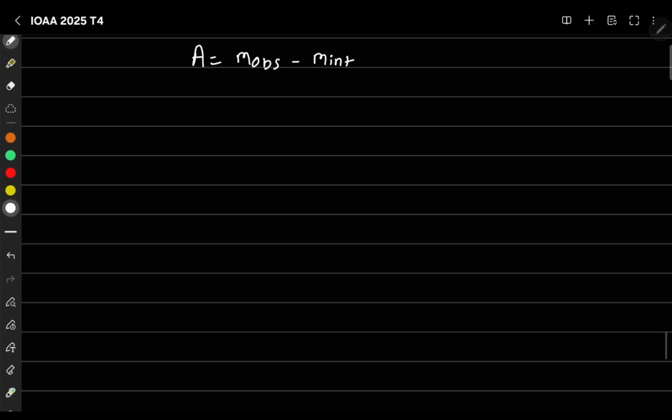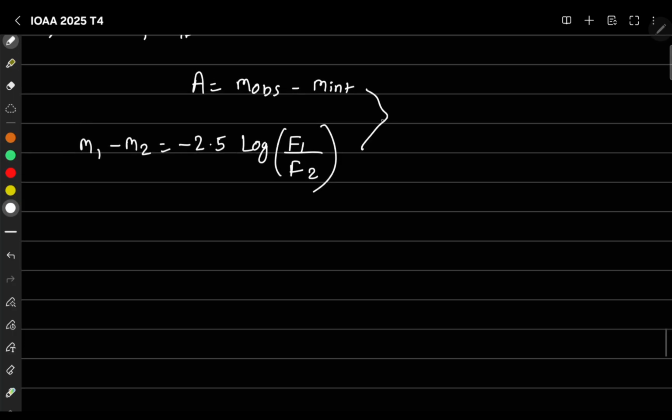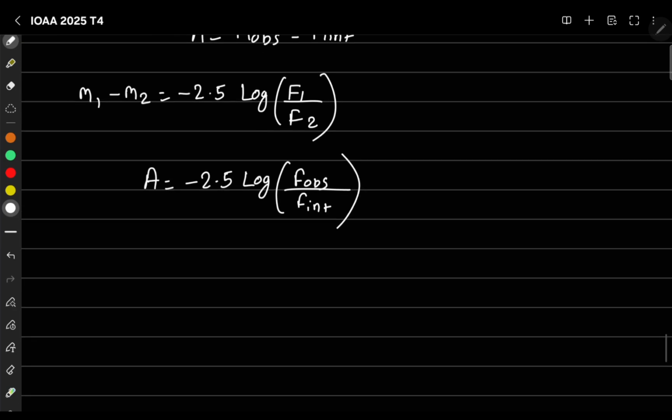Now we know the magnitude relation: m1 minus m2 is equal to minus 2.5 log of f1 over f2, the fluxes of the first and second object. Using this relation, extinction can be written as minus 2.5 log of f_observed over f_intrinsic.